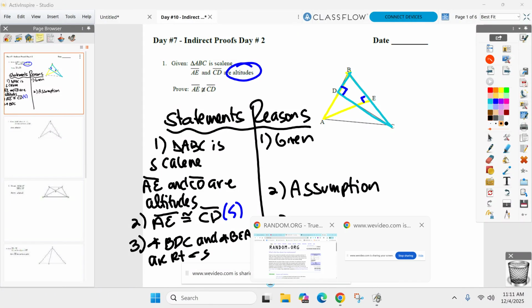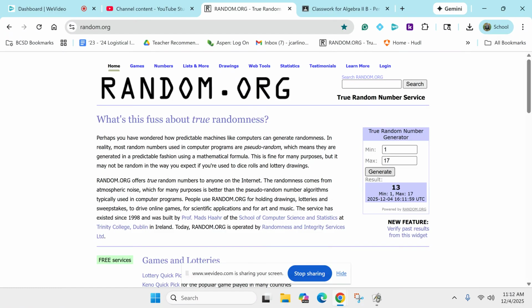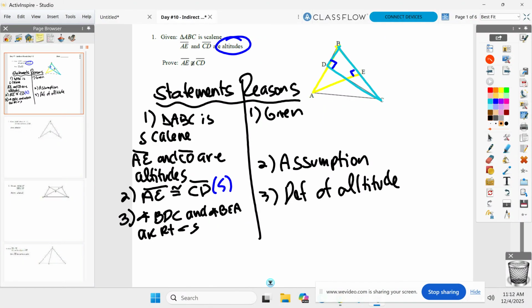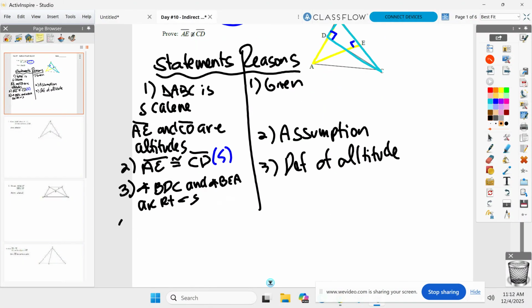What's the reason going to be? Now, Jalen, what's my reason going to be? Thank you. I don't have any perpendicular lines here, but I do have an altitude. Good work. And then you guys know after I say that they're right angles, you tell me they're congruent.